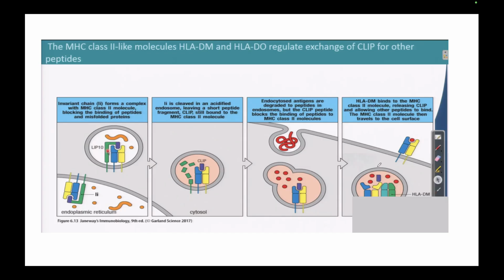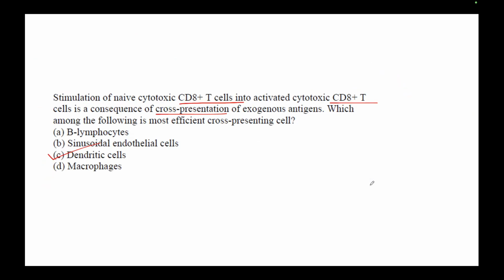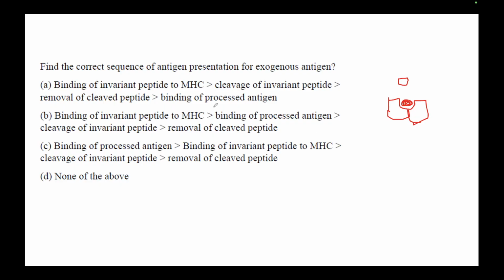With the help of HLA-DM, this peptide gets removed from the MHC, and the processed antigen is loaded onto the MHC. So this is correct. Binding of the invariant peptide to MHC, then cleavage of the invariant peptide, then removal of that cleaved peptide, and then the binding of the processed antigen. So the first option is the correct one.